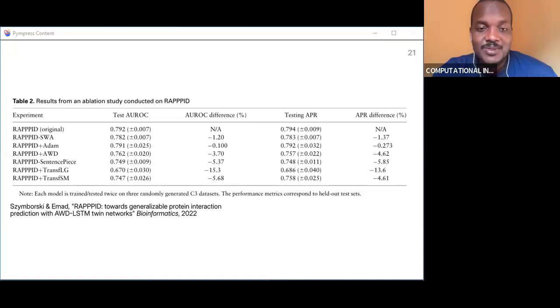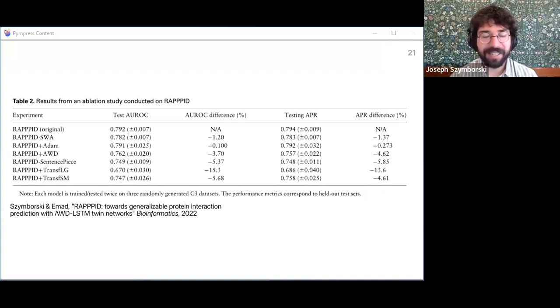So performance drops on a new distribution. Yes, exactly. At the moment that you have another protein that wasn't in that training set, it really fails to make those predictions.